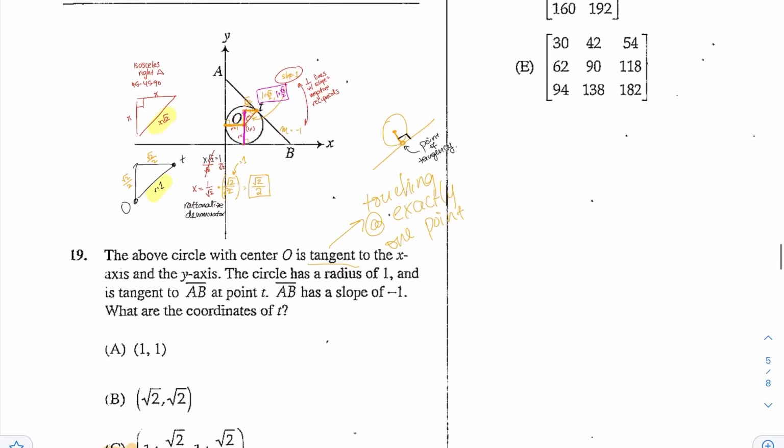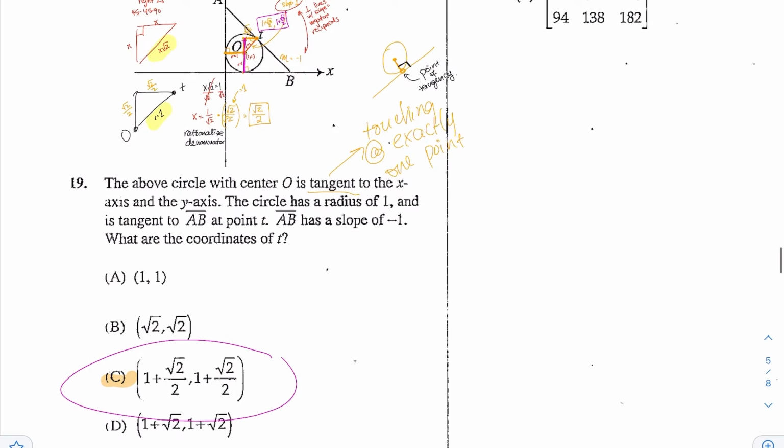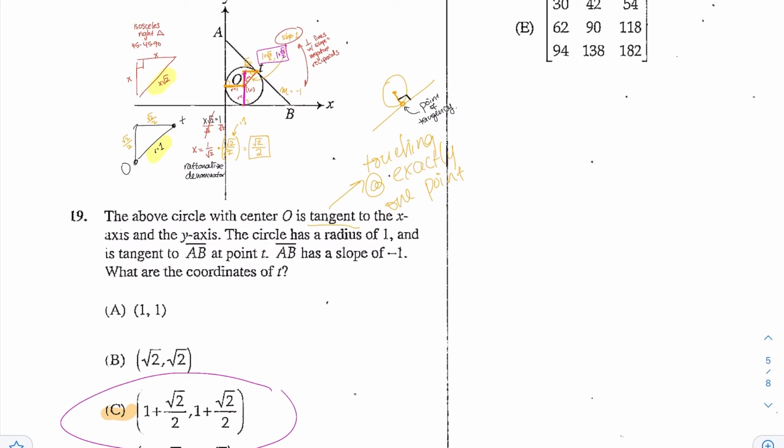And this corresponds with choice C. It's 1 plus root 2 over 2, comma, 1 plus root 2 over 2. So here the key was to use the definition of tangent and also an isosceles right triangle or 45, 45, 90 right triangle to figure out the sides of that right triangle that will then bring you to point T.